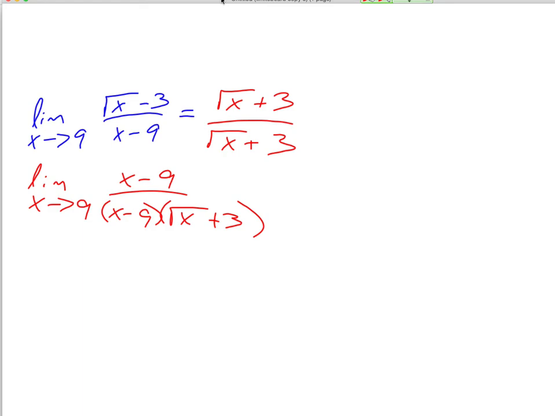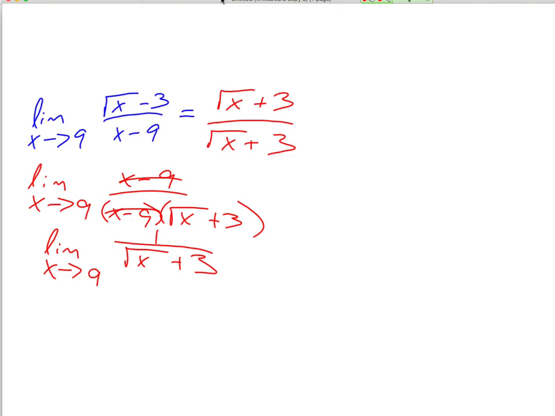And now what do we see happens? I can cancel out. So I have the limit, and here's what a lot of people are going to do to me. There should be a 1 in the numerator, but a lot of you, I guarantee you, are going to drop that and just say it's square root of x plus 3.